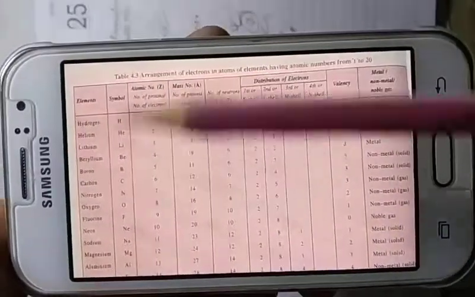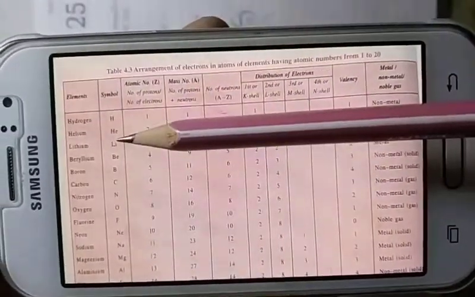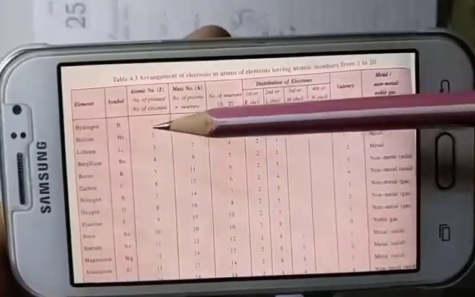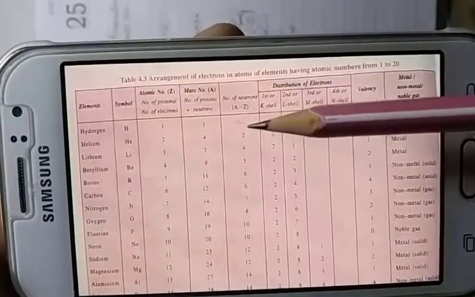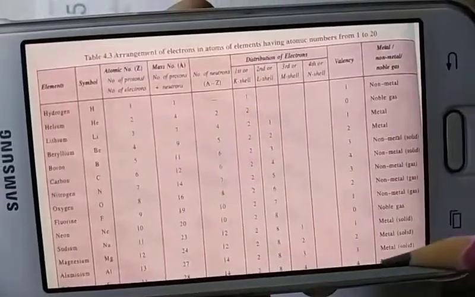Suppose hydrogen, symbol H, atomic number 1, mass number 1, and number of neutrons 0. In hydrogen there is no neutron, and the K cell has only 1 electron. There is nothing in the L and M cells, no electron. Okay, everything has been given, and it is a non-metal. And valency is 1. So this table is also very important, you write it.